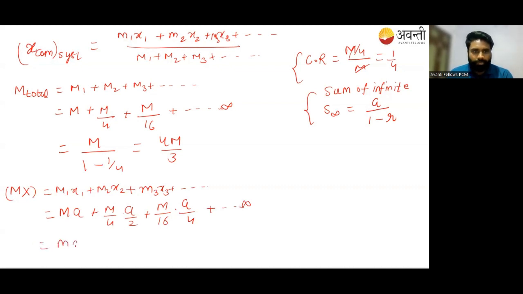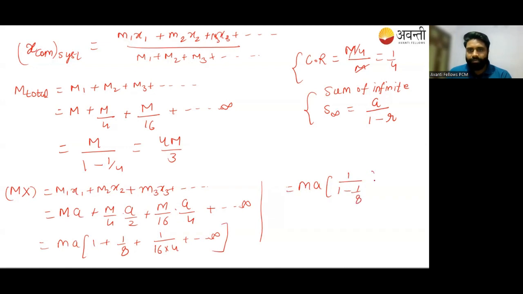If I take MA common here, we would have 1 plus 1 by 8 plus 1 by 64 and so on. This is also a GP with a common ratio of 1 by 8. The sum of this series would be MA into first term, which is 1, over 1 minus 1 by 8, which is 7 by 8. So it is 8MA over 7.